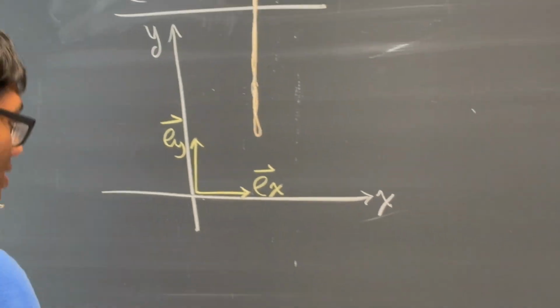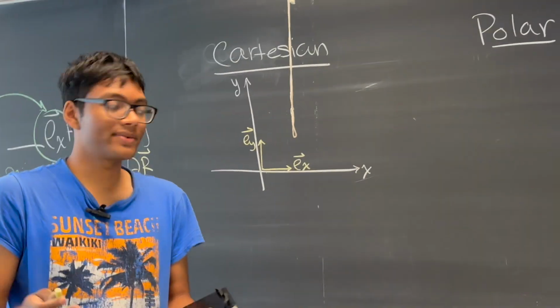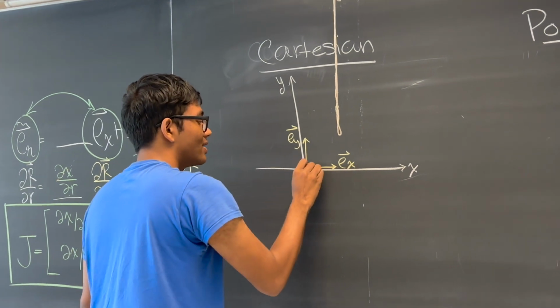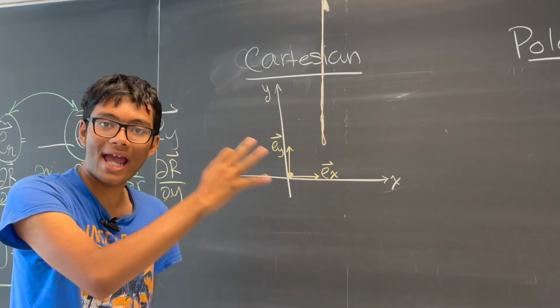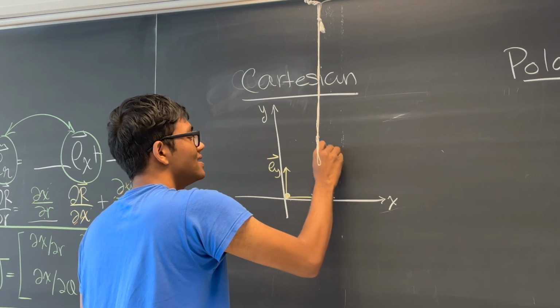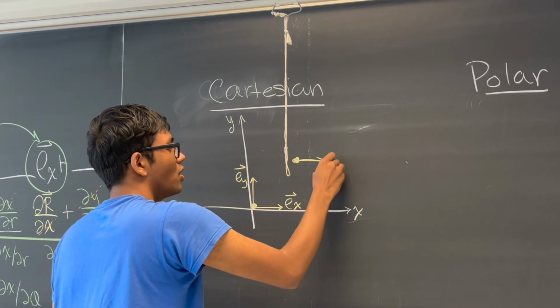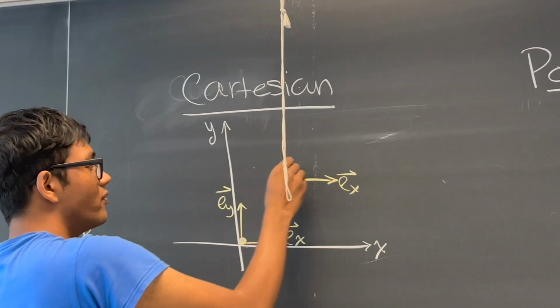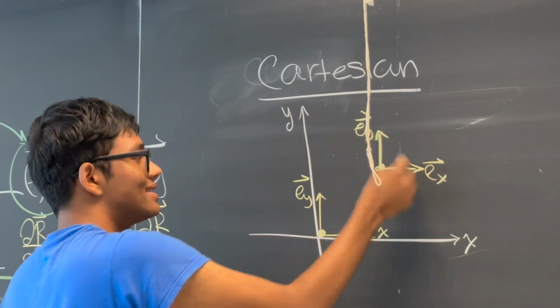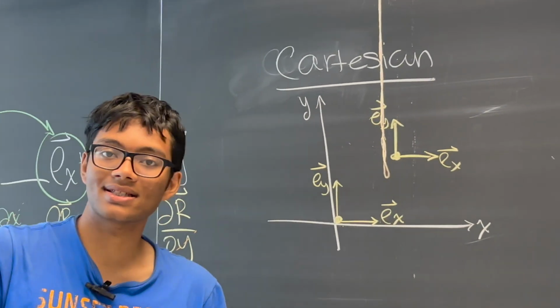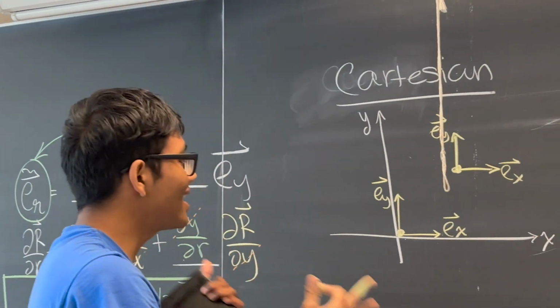Now, in Cartesian coordinates, I have something wonderful. If I move around in my coordinate plane, my basis vectors don't change in magnitude or direction. If I move over here, look, E sub x stays the same length, E sub y stays the same length. Bada bing, bada boom, everything is nice and simple.